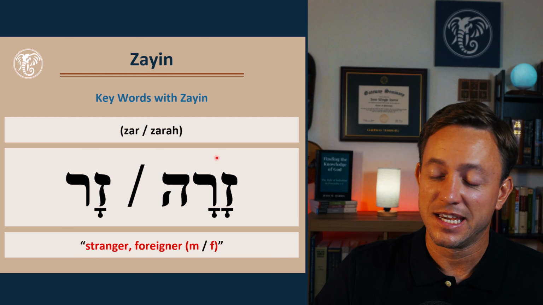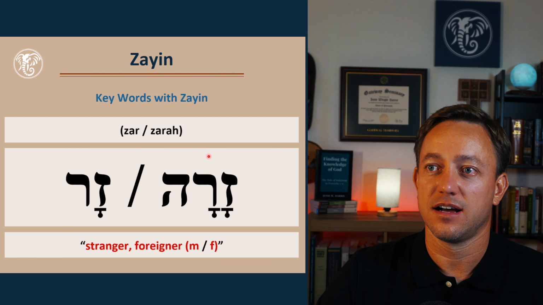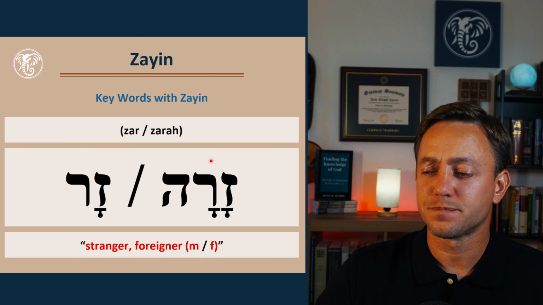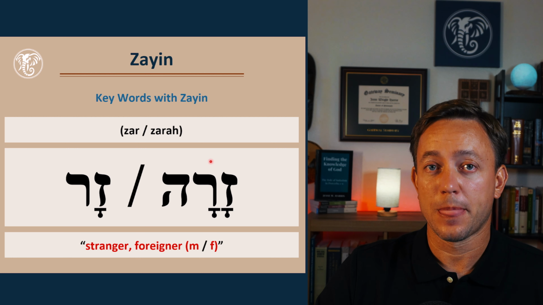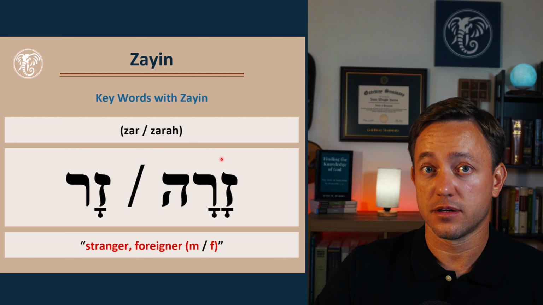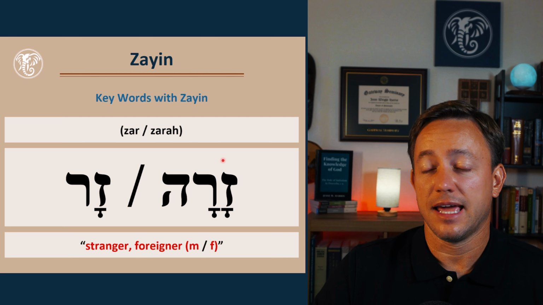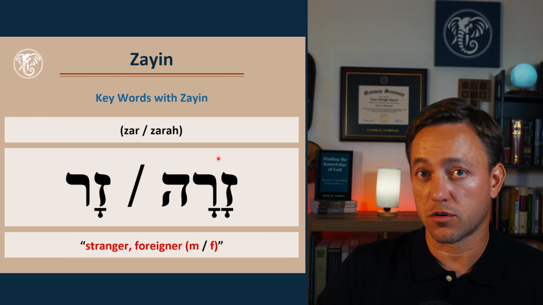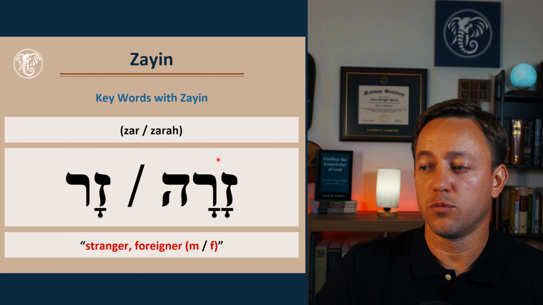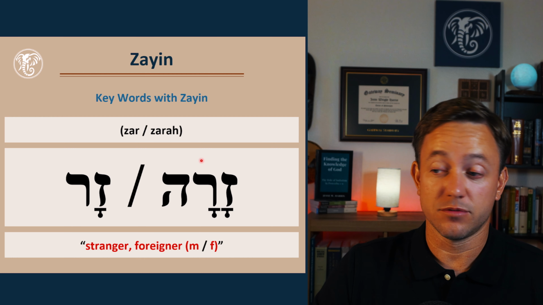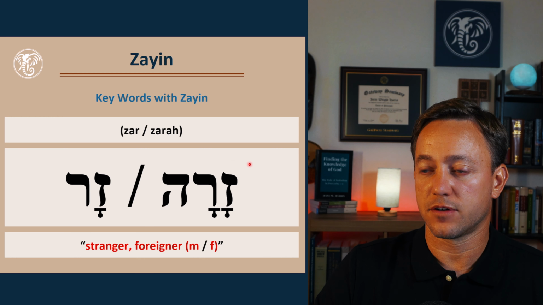So it's a play on words and ideas to communicate that the son was to walk in the ways of the Lord, which was wisdom, which was to fear the Lord, which was to be faithful to the Torah and the covenant of the Lord, which ultimately would lead to the knowledge of God, meaning a personal relationship with the Lord. So an interesting and key word in the first 9 chapters of Proverbs, Zara.